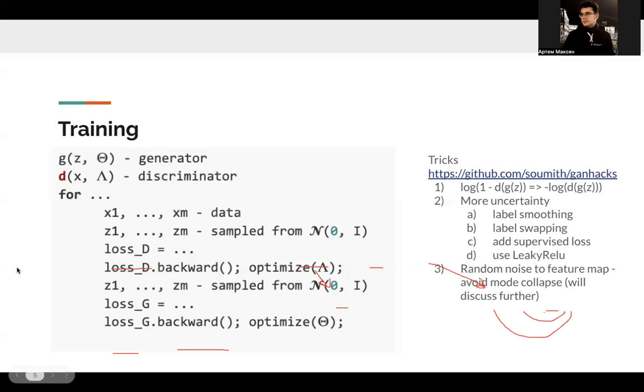But what should we do now? We have two losses, and the purposes of these losses are exactly opposite. So we have this generator, we have the discriminator.